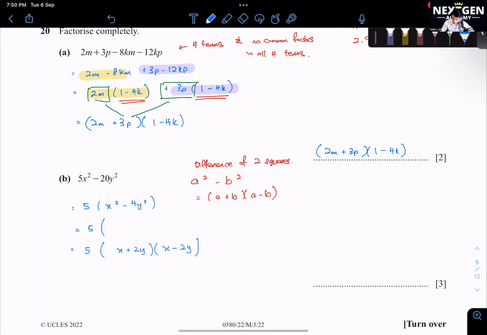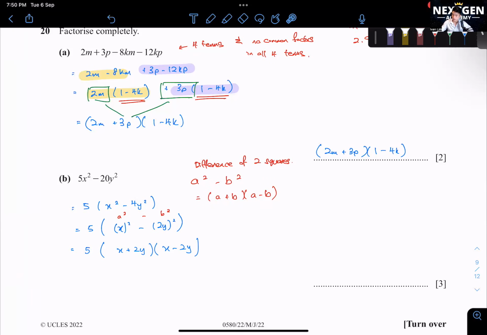See, I got an x square, which is my a square, and b is minus 2y squared, like that. So you see, it's a square minus b square. So whenever you see got the a square minus b square, you need to remember this one. A plus b, a minus b.